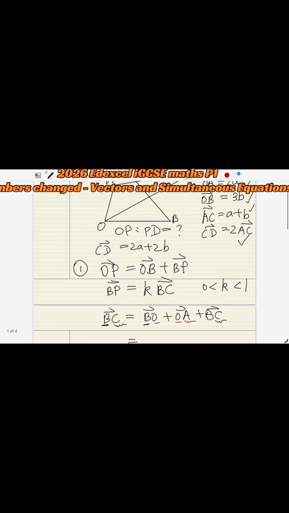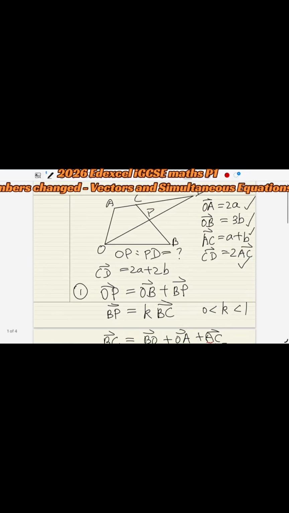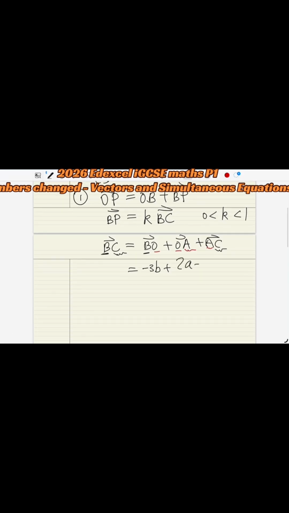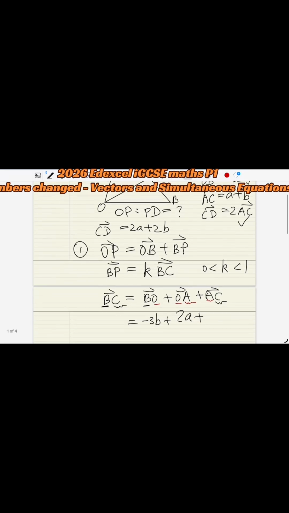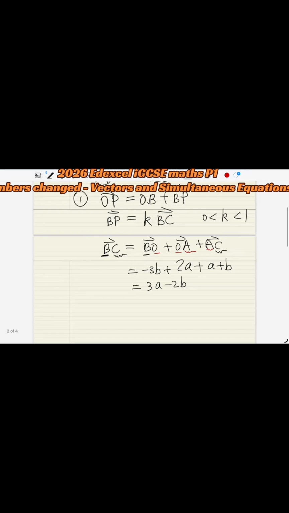So BO is the negative of OB, which is minus 3b, plus OA, which is 2a, and then AC will be a plus b. Therefore, we find that 3a minus 2b is BC, which means our BP is k times this vector.